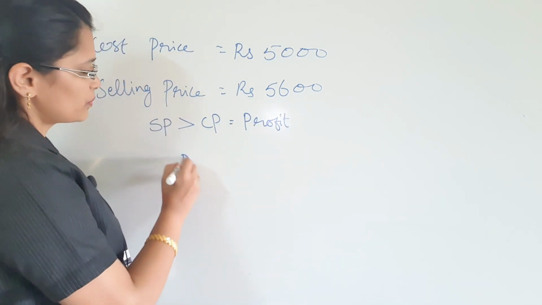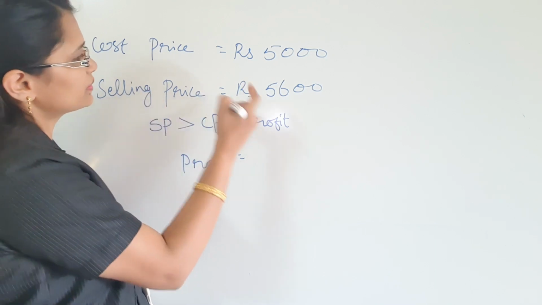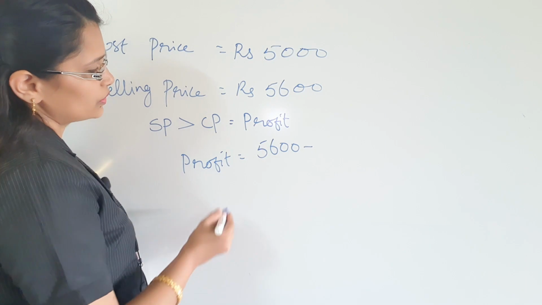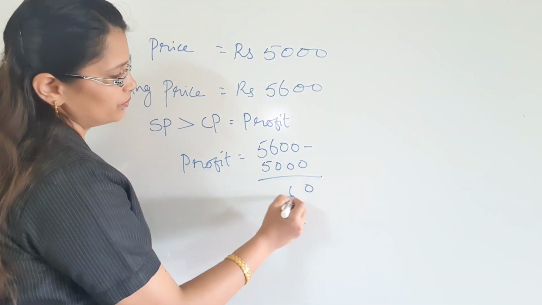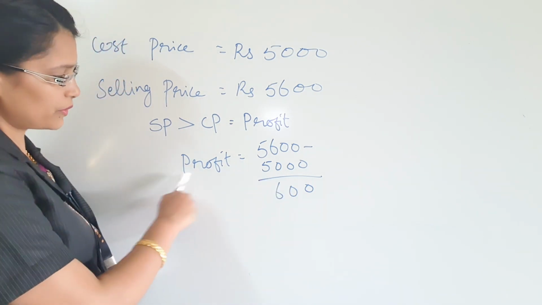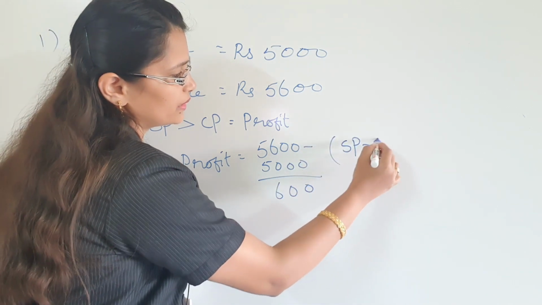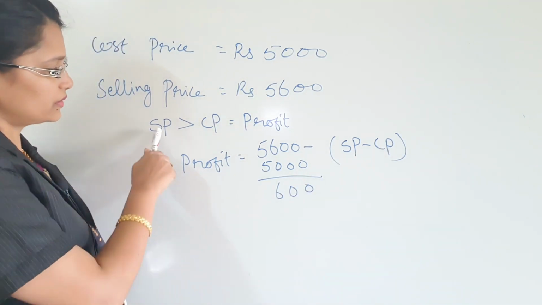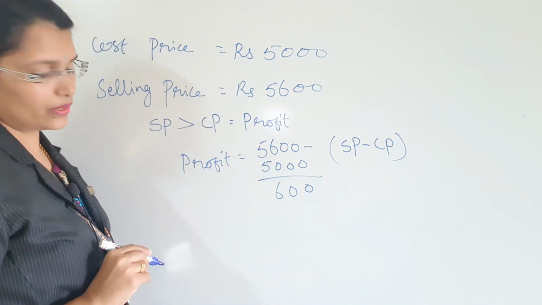So here profit is equal to, what is selling price? 5,600 minus cost price is equal to 5,000 is equal to rupees 600. Here profit is equal to 600. This is SP minus CP, selling price minus cost price. Selling price minus cost price is equal to profit.